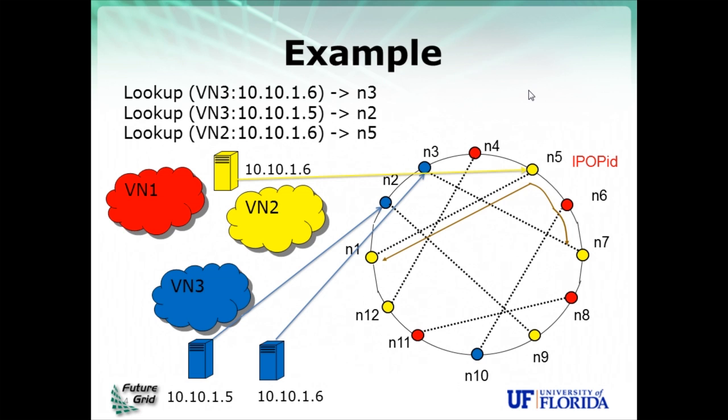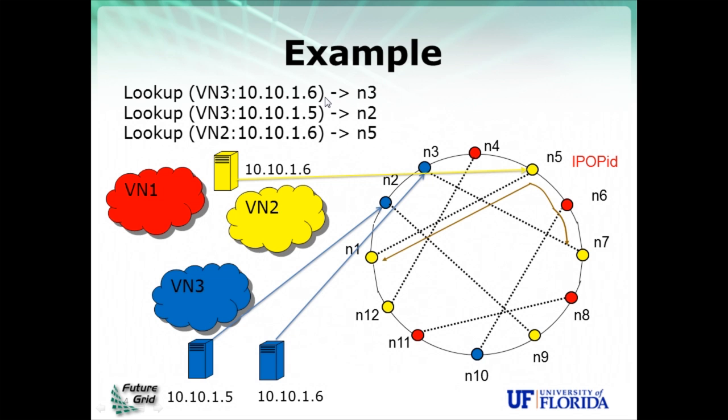So for example, if we look at a scenario where virtual network 3, VN3, has two nodes with addresses that have been allocated, IP addresses 10.10.1.5 and 10.10.1.6. So when 10.10.1.5 needs to communicate with 10.10.1.6 in VN3, the first thing that it does is a lookup in the first row here of the slide.